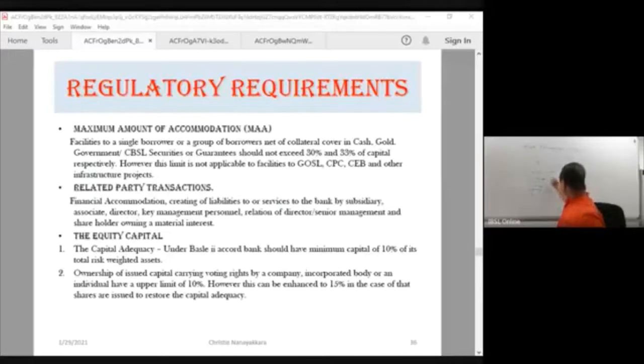This customer gives cash of only 0.5 billion, the rest is property mortgage. So his exposure is 3.5 billion secured by a property. He cannot be accommodated under the single borrow limit because the bank has a regulation of giving only 30%. You see, now how do you accommodate customer B?